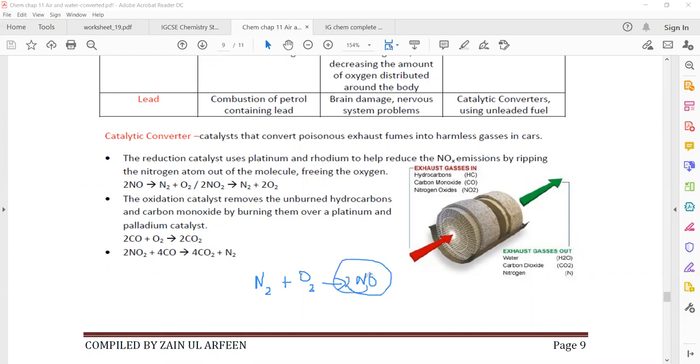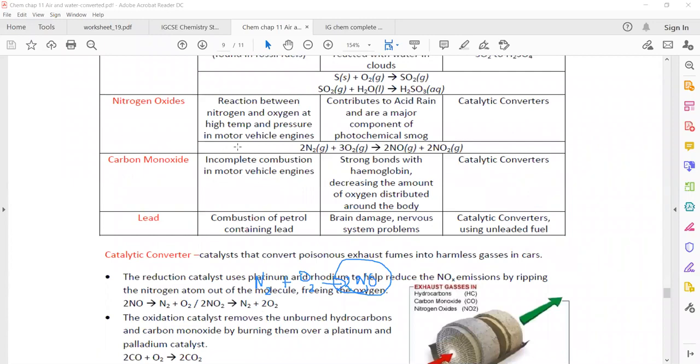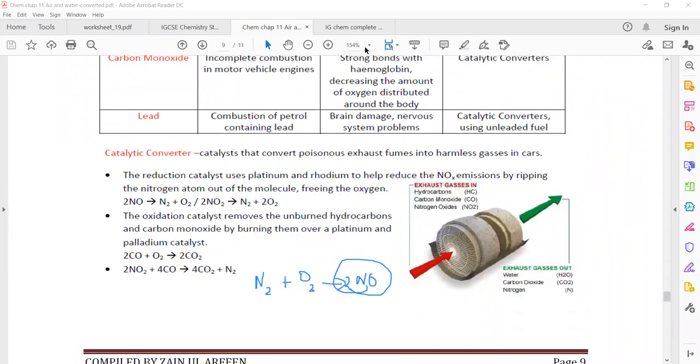This nitrogen monoxide, a brown gas, can also make photochemical smog, leading to smog. As well, it is a non-metal oxide, so it is an acidic oxide. This can cause acid rain.